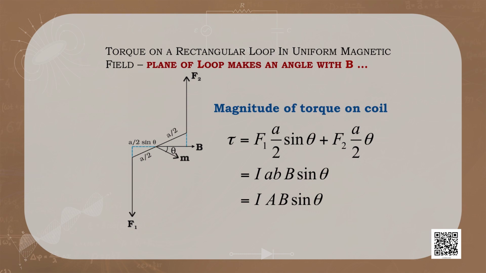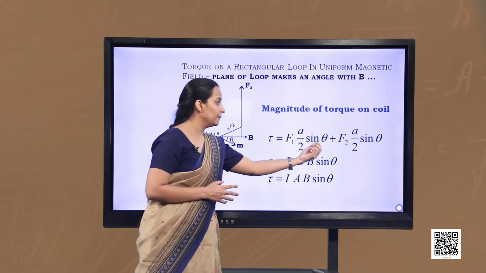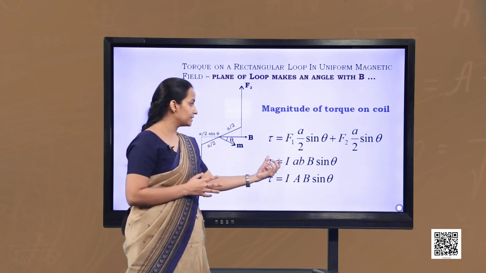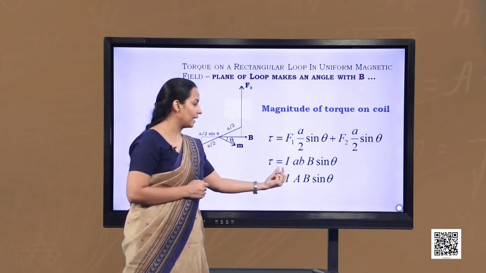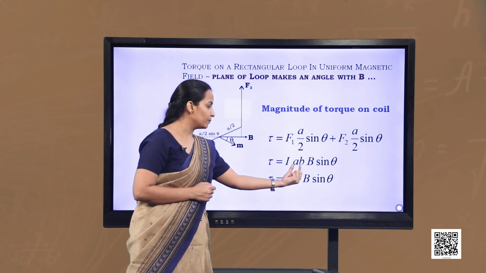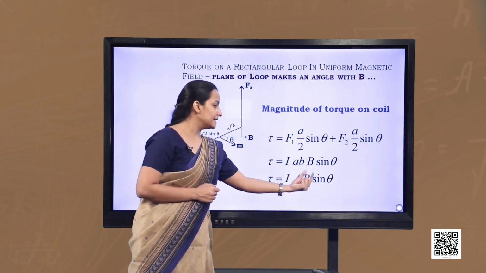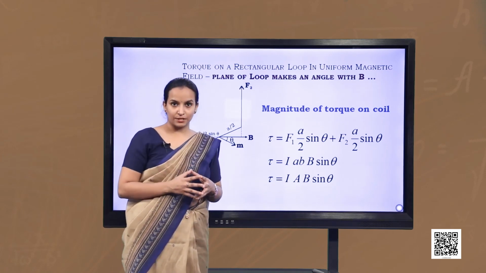Now, we will calculate the magnitude of the torque on the loop, which is again the sum of the moments of forces, which is F1 a/2 sine theta plus F2 a/2 sine theta. On solving it and substituting the values of F1 and F2, we get I multiplied by a b, which is nothing but the area A of the rectangular loop, times B sine theta. So the torque is IAB sine theta.